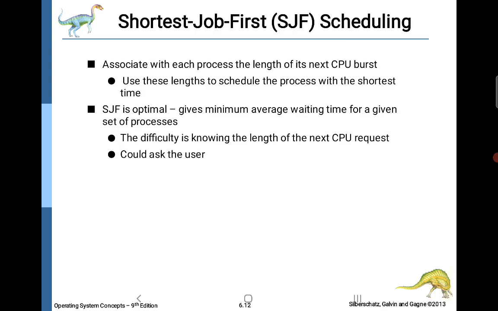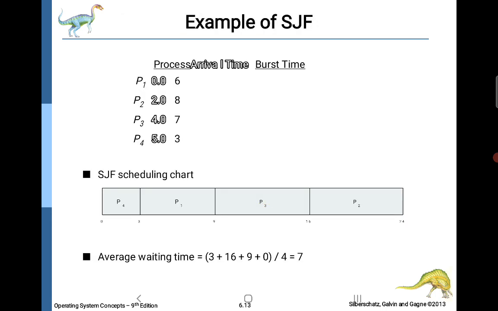The problem here is, how can we actually know how long the CPU time a process needs? For this, we shall see how we will predict it later. Okay, let us look into an example first.